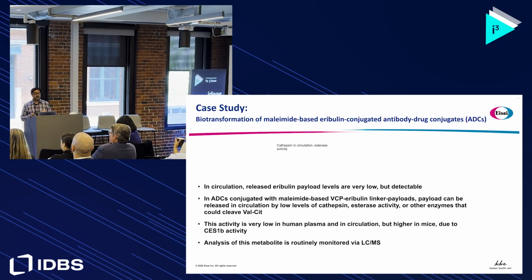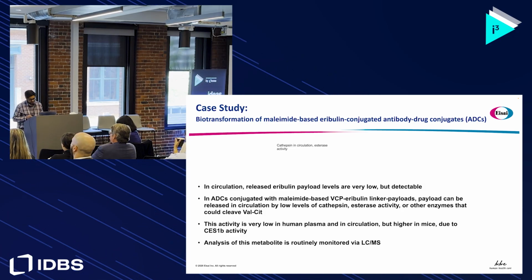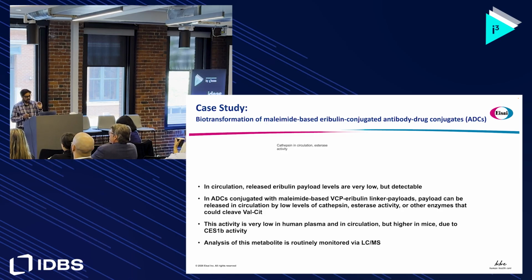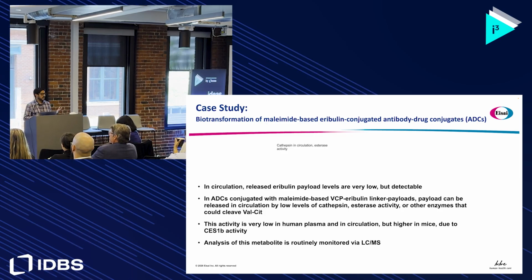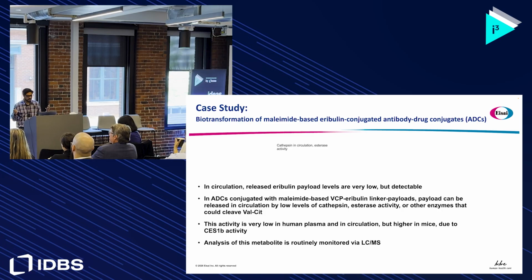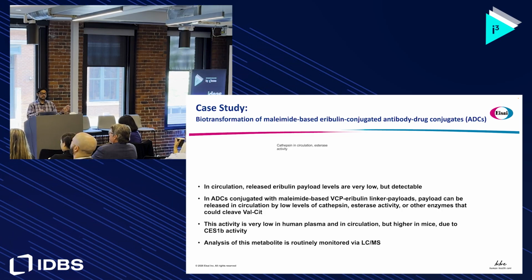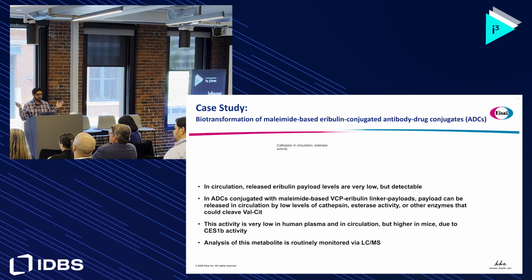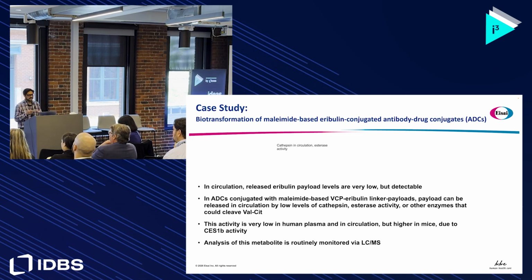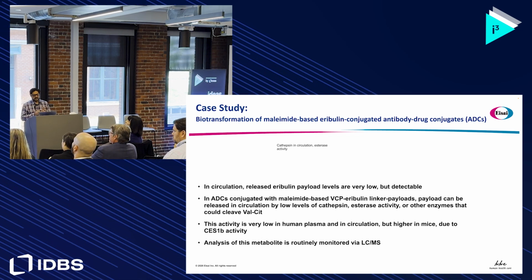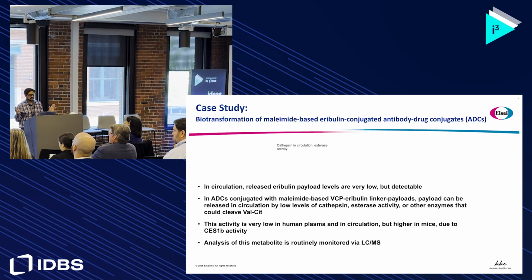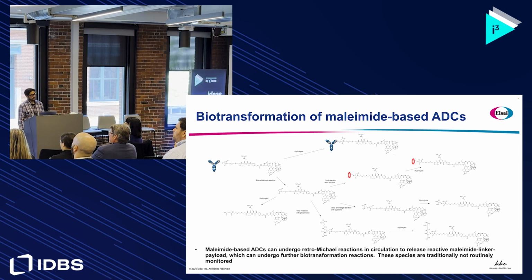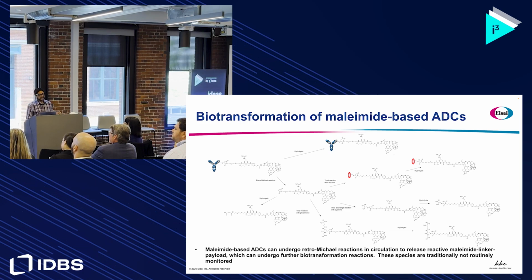It's great. The problem is that sometimes in circulation, that payload can get cleaved off. So we need to account for that. We call those metabolites in our world. And we usually do this metabolite analysis on LCMS. Everybody does it. If you do ADCs, free payload is standard analysis in there. But what we have found is that there are other metabolites that can form in circulation.